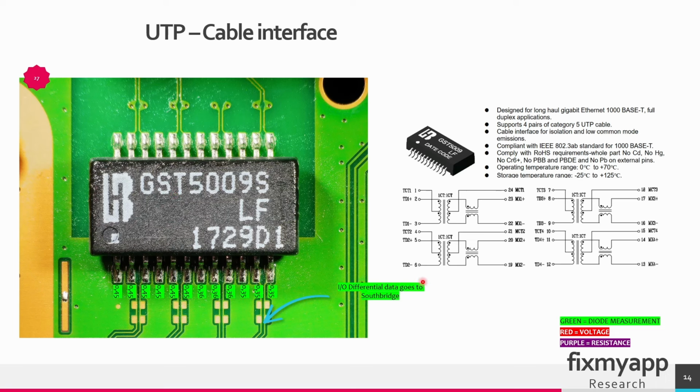You can see here the data lines, and these data lines are isolated from the network and the device. So this is the network side, and this is the device side, so the console side. So this component offers electrical isolation between the network and the console. So this component protects the console from voltage spikes.